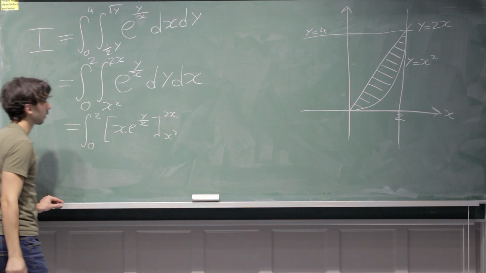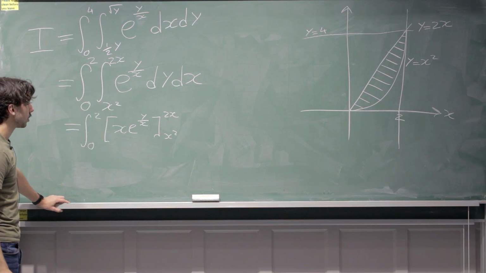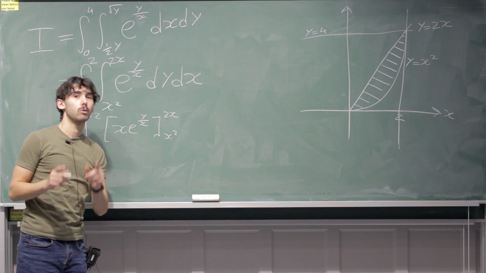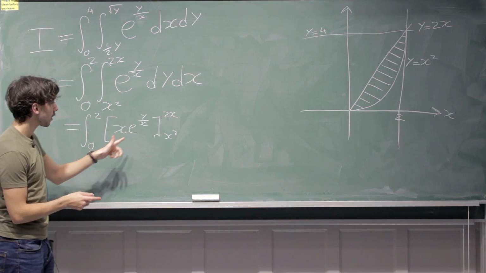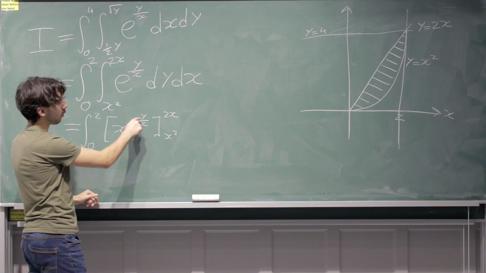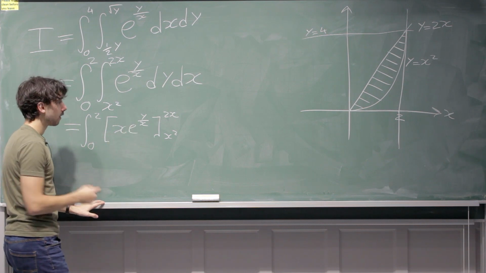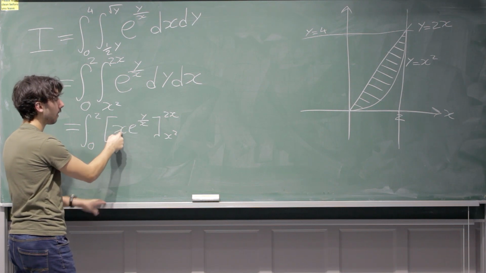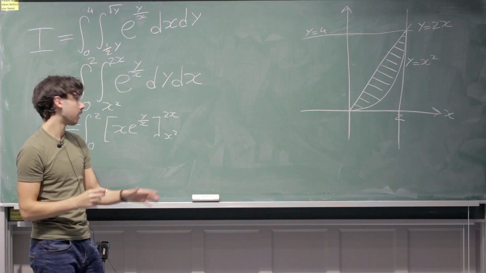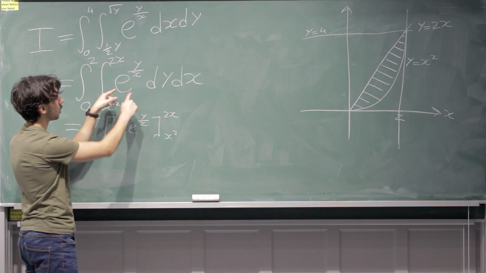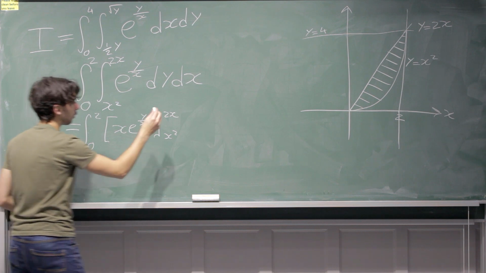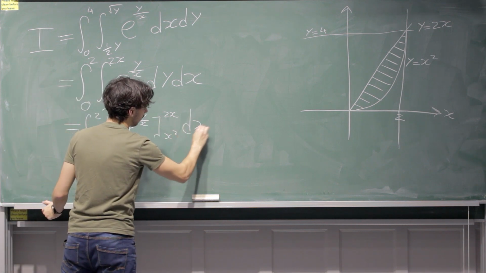The reason is, if you differentiate this with respect to y, the derivative of y over x is 1 over x. So the 1 over x comes down and it will cancel out with the x that's there, creating nothing in front and just e to the y over x, which is what we originally had. So this must be the integral. Okay. And we've got a dx on the end.